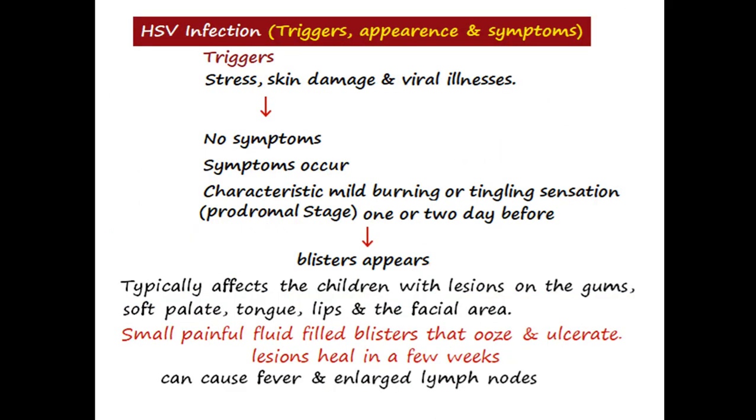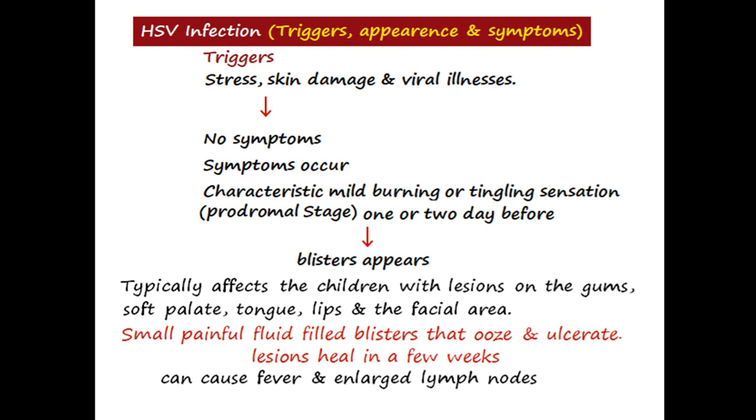Now the common triggers are stress, skin damage, and viral illnesses, and particularly a weakened immune system. Now there are many variations. The patient may have no symptoms. He is infected with the virus, but he doesn't show any symptoms. But if symptoms occur, what are these? Initially, there is a mild burning or tingling sensation.